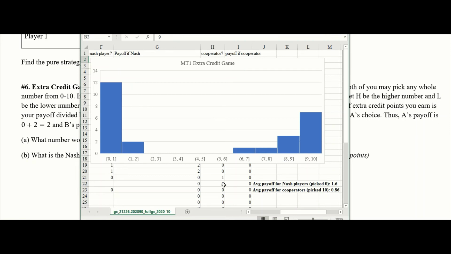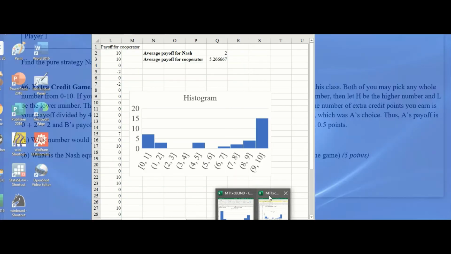Now what's especially interesting about this class was that I played this game before with some of my previous pre-COVID face-to-face classes, and we actually got a different result there. Let me show you what happened in my last face-to-face class.